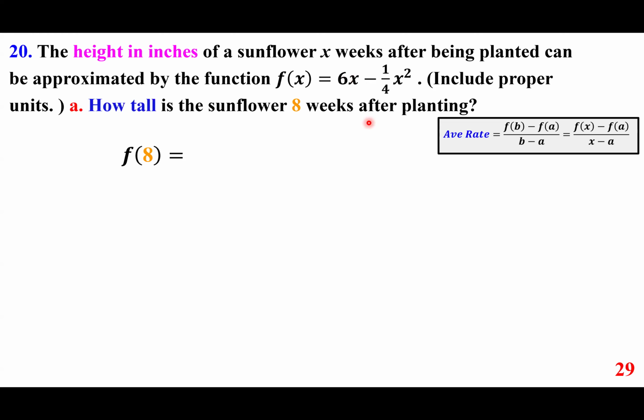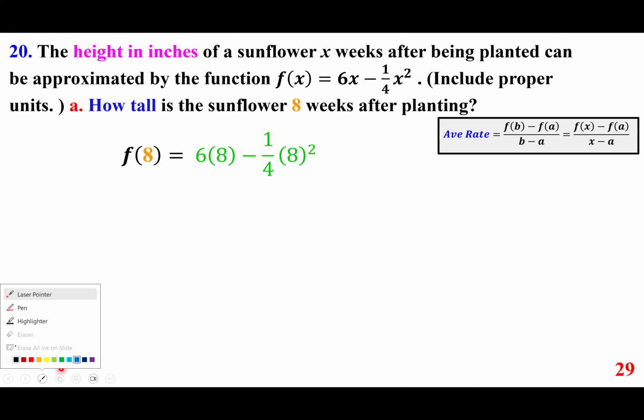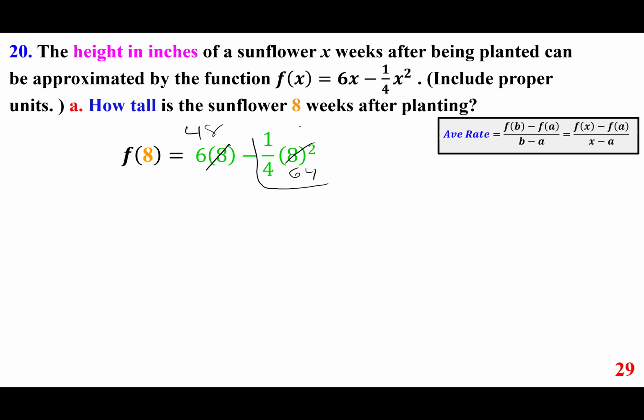That means 6 times 8 minus 1/4 times 8 squared. This is 64. This is 48. 1/4 of 64 is 16. 48 minus 16 is 32. 32 inches.